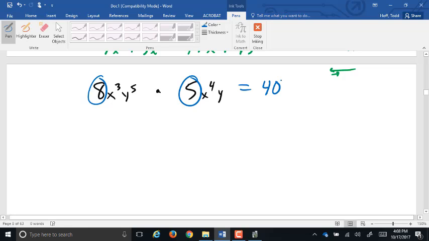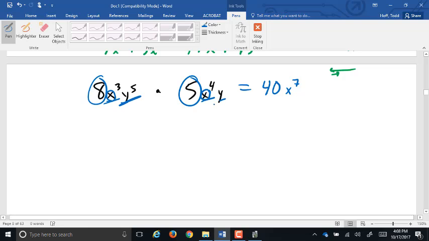And then we combine each name individually. X to the third times x to the fourth is x to the 7th. When we're multiplying exponents with the same base, these both have a base of x, we add the powers. So x to the third times x to the fourth, we take 3 plus 4 is 7, becomes x to the 7th.